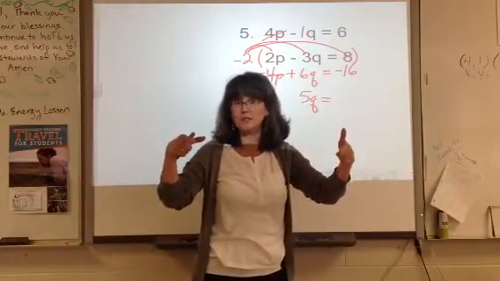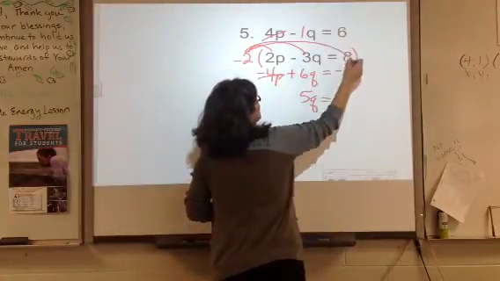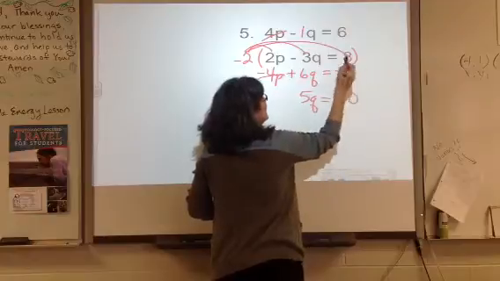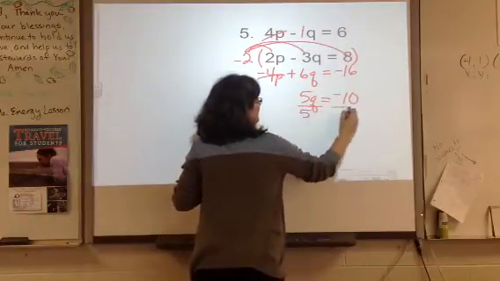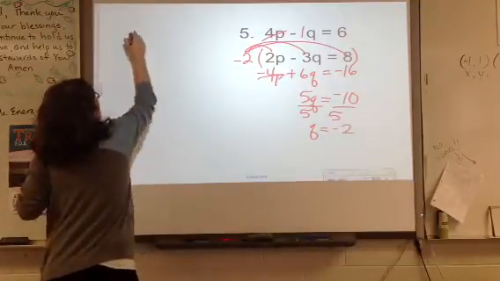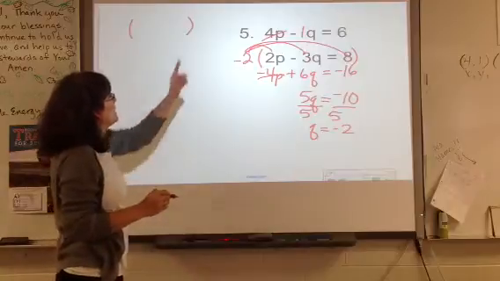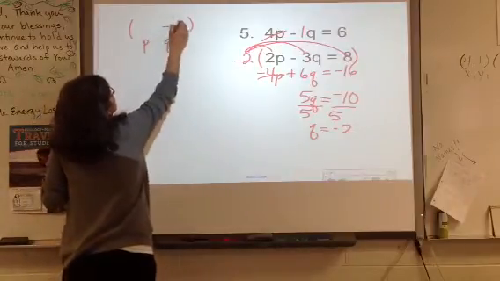Okay, so different signs subtract. 16 minus 6 is 10. Keep the sign of the larger, negative. And to get q alone, divide by 5, and q equals negative 2. That's part of my answer now. P comes before q, so q goes in my second spot.